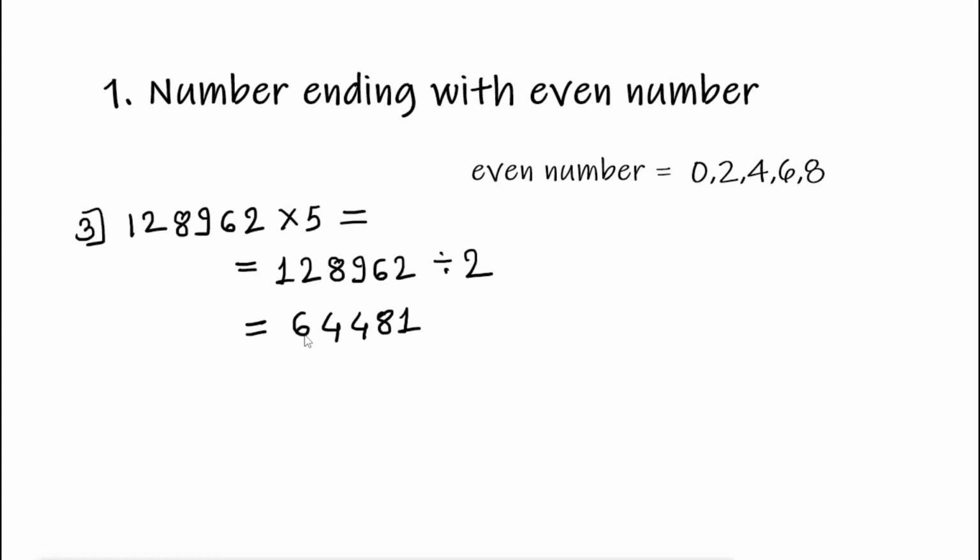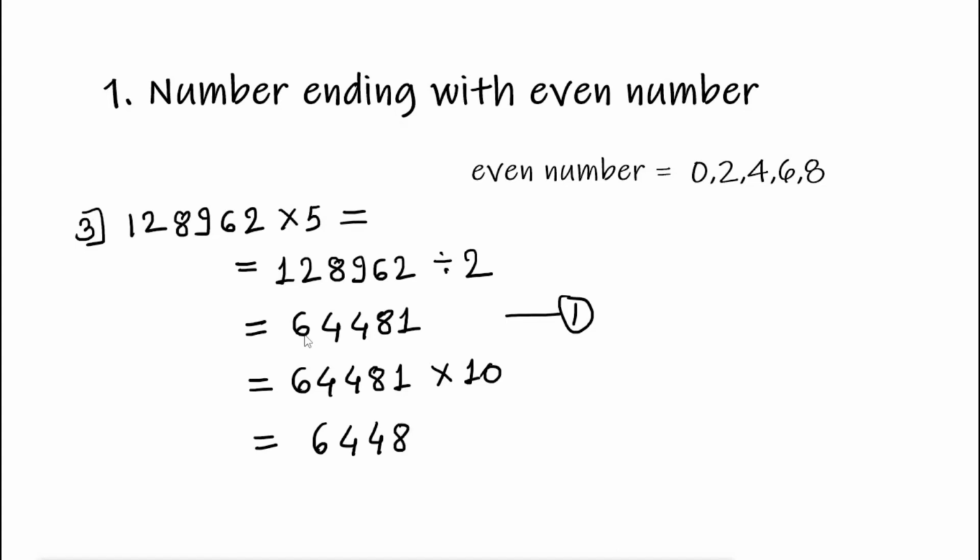Now the second step is to multiply that number by 10, so we get 644,810. So 128,962 multiplied by 5 is equal to 644,810.